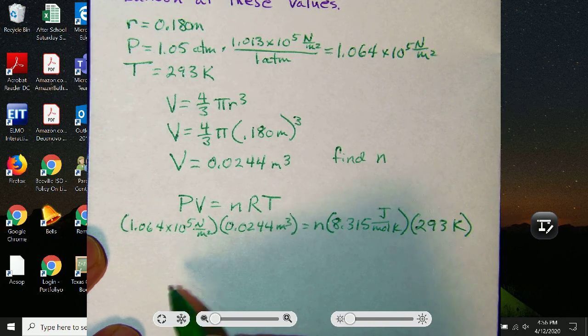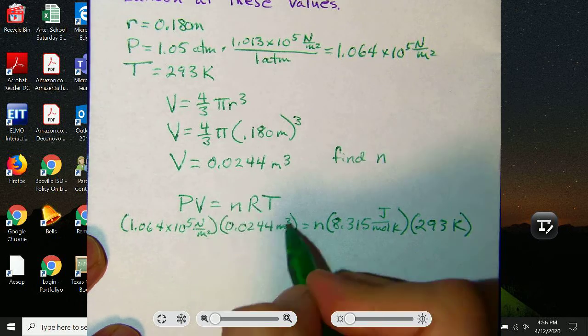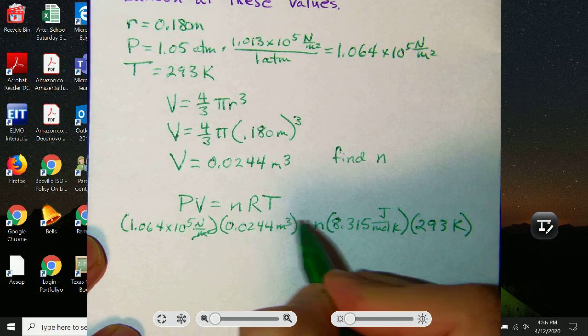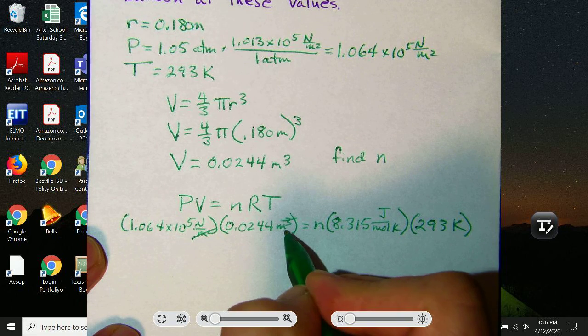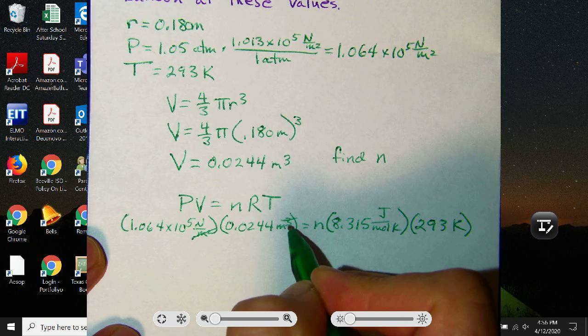Okay, just to check on the units, we've got meters squared down here, which cancels with the 3 of the meters here.